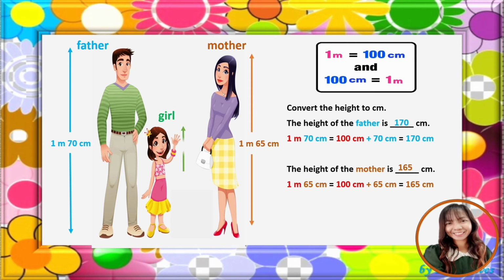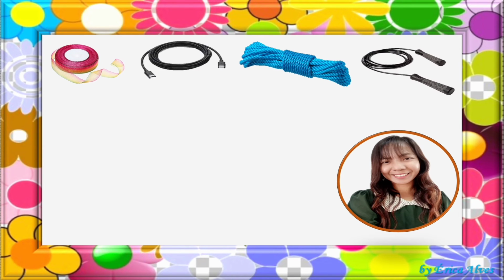Now for the girl, for their daughter, the height is 98 centimeters. So we don't need to convert it into centimeters because the height is already in centimeters. Okay, how about the length of these objects? We have the ribbon, the cable, the rope, and the jump rope.